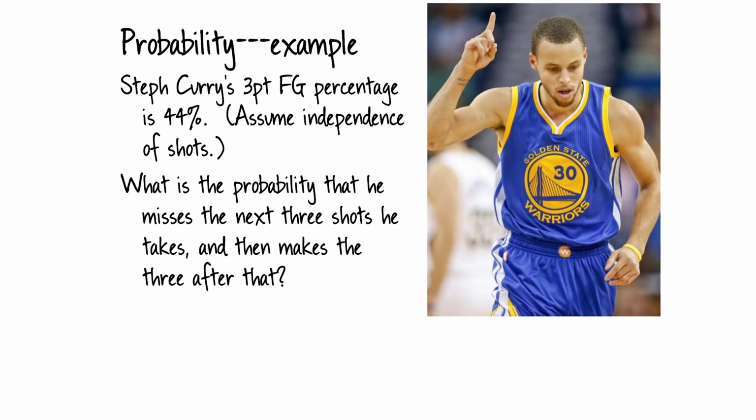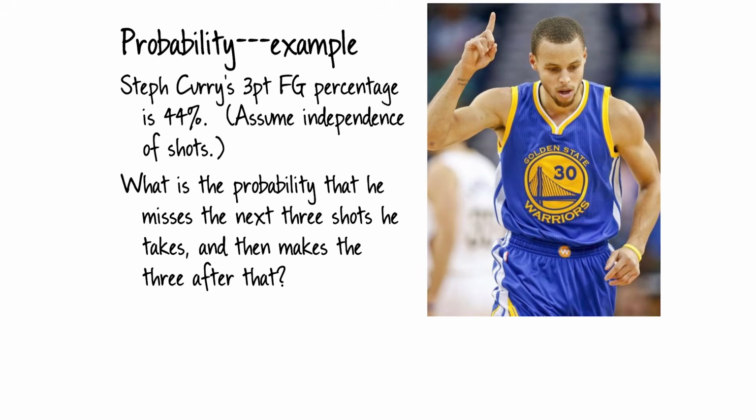For Steph Curry, they're not low percentage shots. He makes 44% of them, okay? For the purposes of this problem, let's assume that every 3-point shot he attempts, he has the same probability of making it. Realistically, that's not true, but let's assume that for now. And let's also assume that all of these shots are independent, okay?